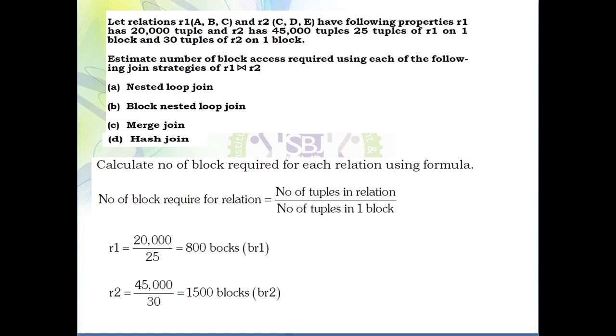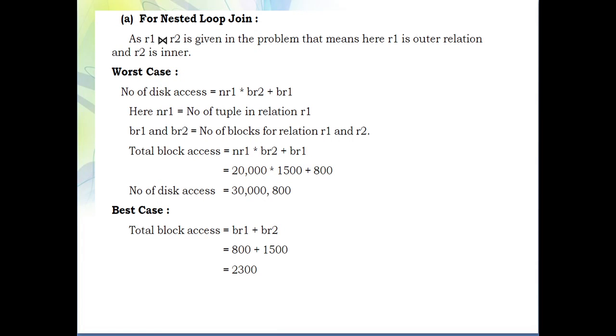So initially we have just calculated the number of blocks required for each relation. Next we need to estimate the number of block accesses required for nested loop join. As I told you, this sequence is very important, which is the outer relation and which is the inner relation.